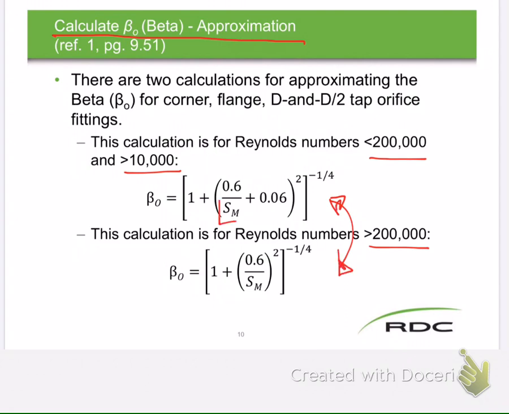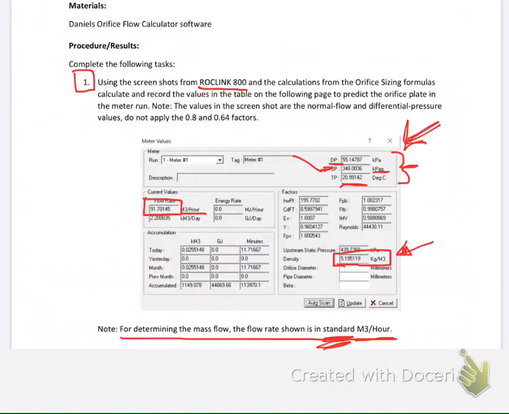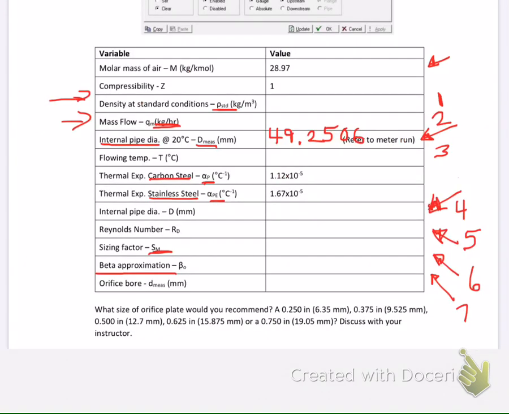We just figured out our meter sizing factor, so we can plug it into the correct equation and solve for one of the values. This is dependent on our Reynolds number, so we need to make sure that we get that right. We shouldn't have any issues now with calculating that beta approximation.